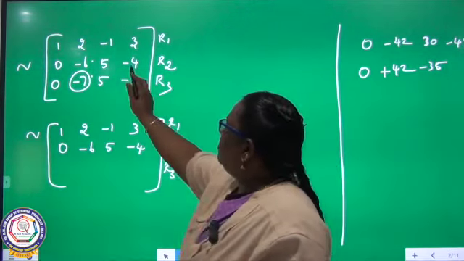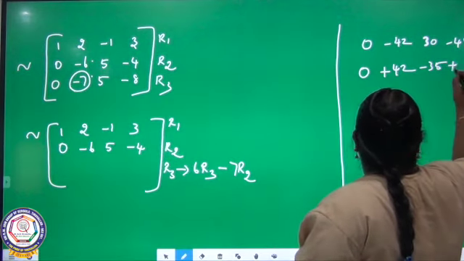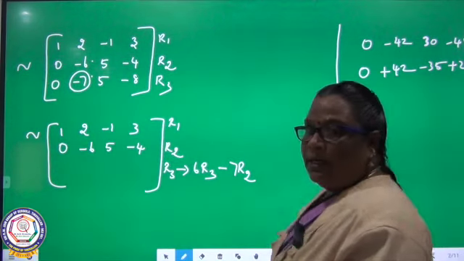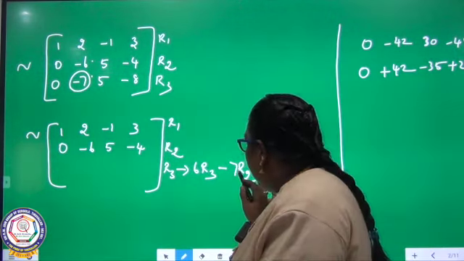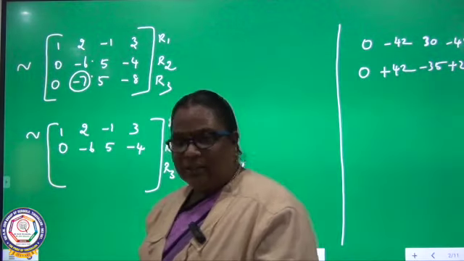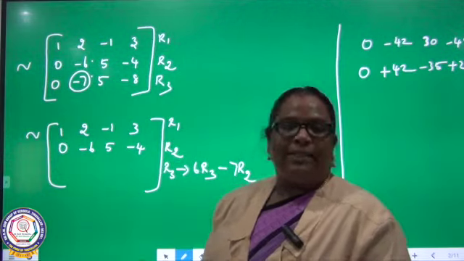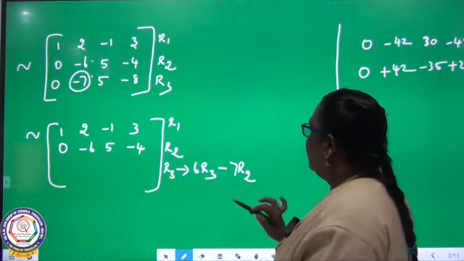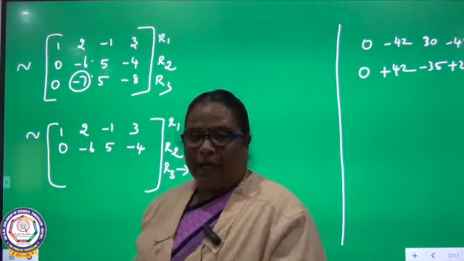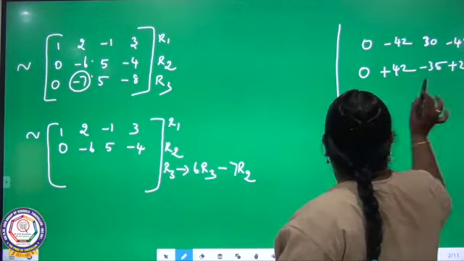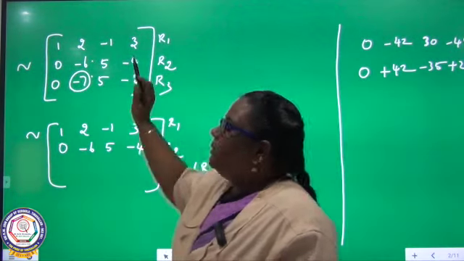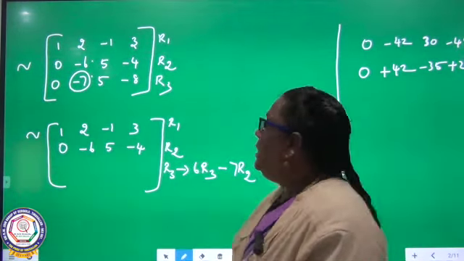Minus 7 into minus 4, plus 28. See here, minus 7 into 0, 0. Minus 7 into minus 6, plus 42. Minus 7 into 5, minus 35, and minus 7 into minus 4, plus 28.